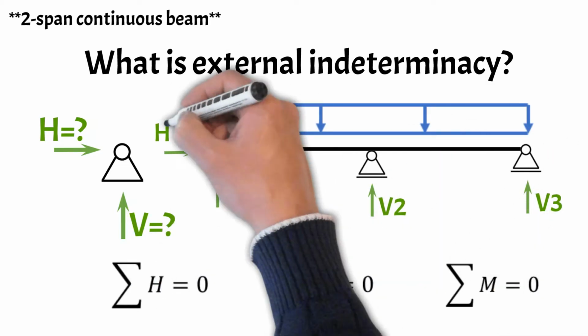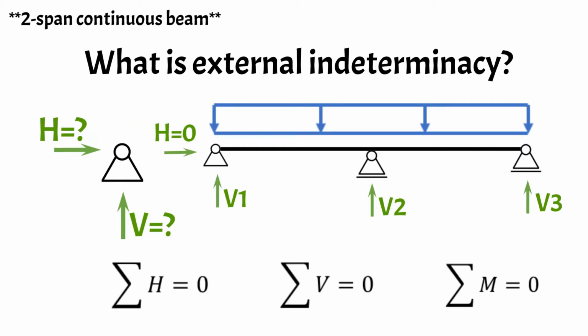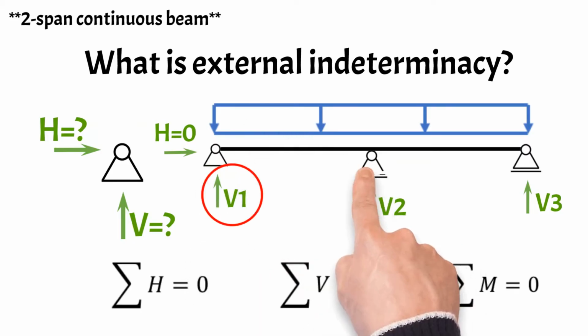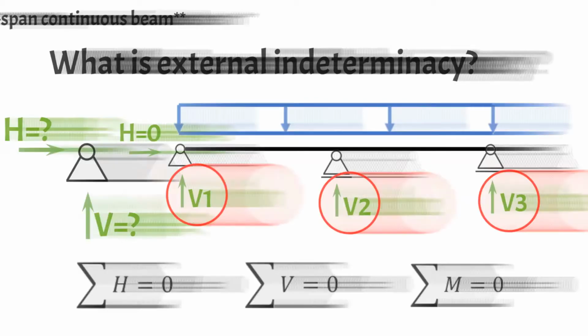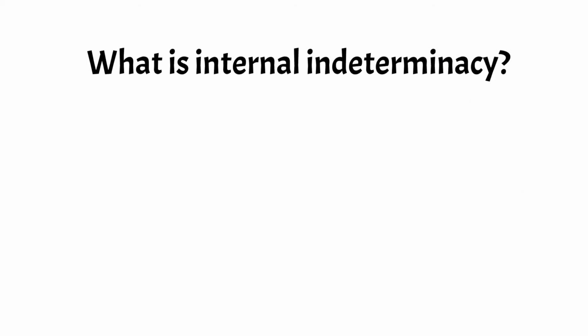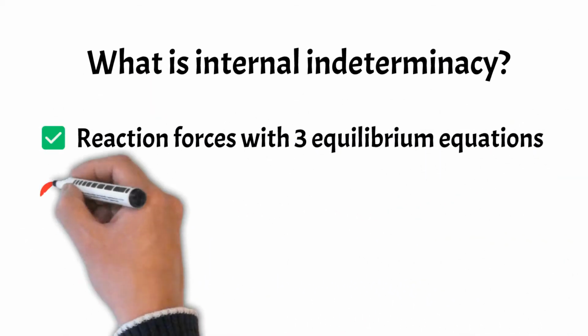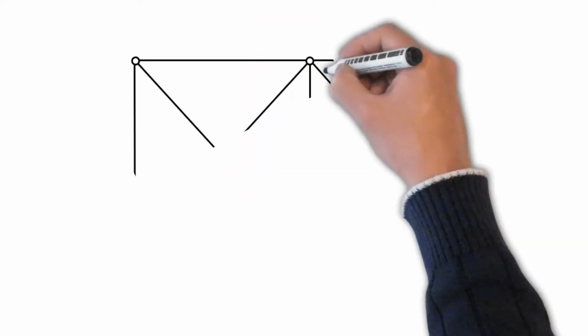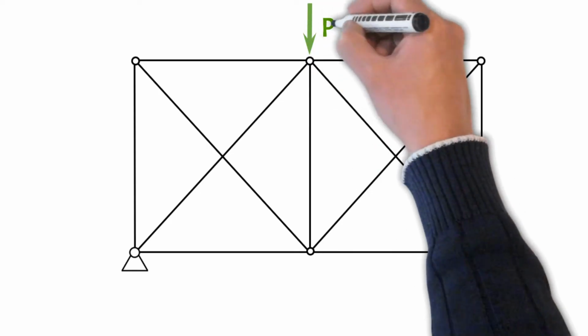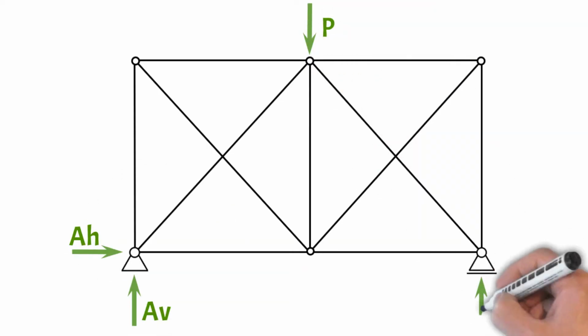We know that the horizontal support force equals 0, however, we can't solve the 3 vertical reaction forces because we are missing one equation. On the other hand, for an internal indeterminate structure, we can calculate the reaction forces, but we can't calculate the internal forces. This is basically the case when the structure doesn't have that many supports, but the static system is quite complex. For example, this truss, which has 3 reaction forces, and these 3 reaction forces can be calculated with the 3 equilibrium equations.